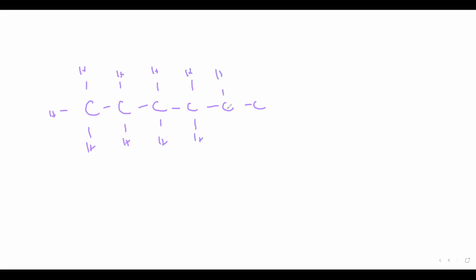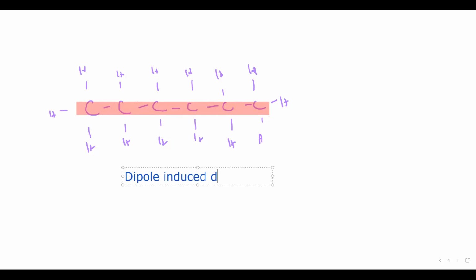Because hydrogen and carbon have a very small difference in electronegativity, always consider their bond as non-polar. So for carbon-carbon, what kind of force is there? Hexane will have London forces, or dipole-induced dipole forces. And the other one is water.